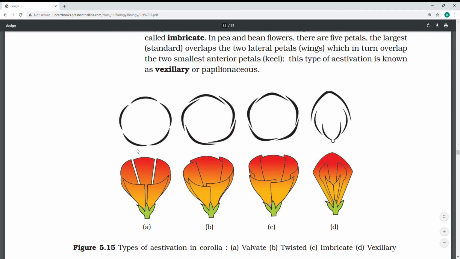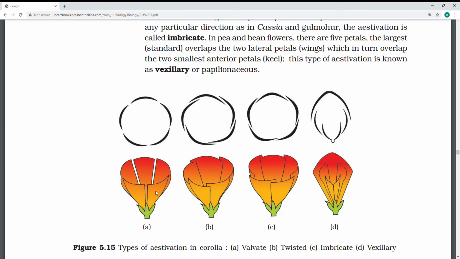If you see this diagram, the sepals and petals in a whorl just touch each other, nothing is front, nothing is back, all are in one line. Like students in a single line, that is called valvate aestivation. It won't overlap, touching each other at the margin without overlapping.